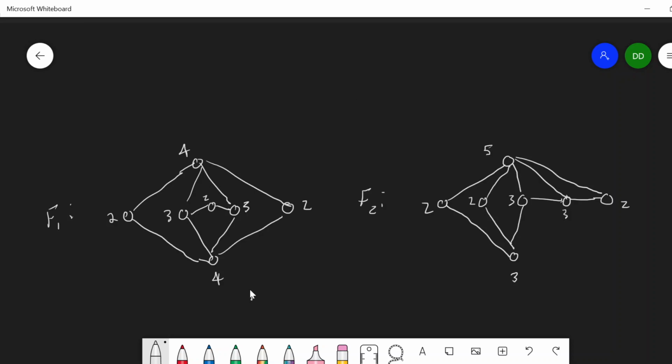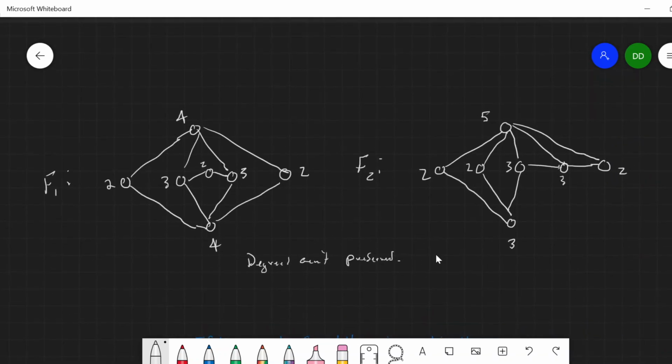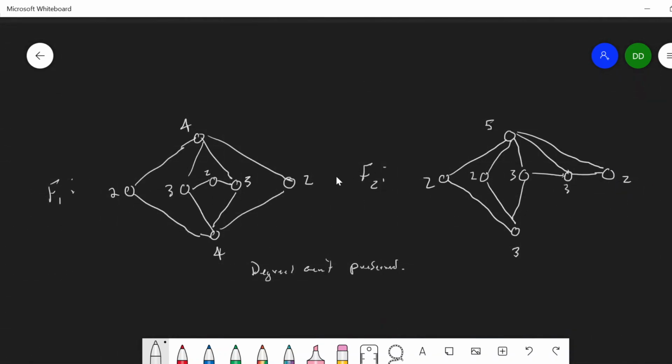So degrees aren't preserved, so F1 is not isomorphic to F2. There's no isomorphism I could give here. That's one way you can tell.